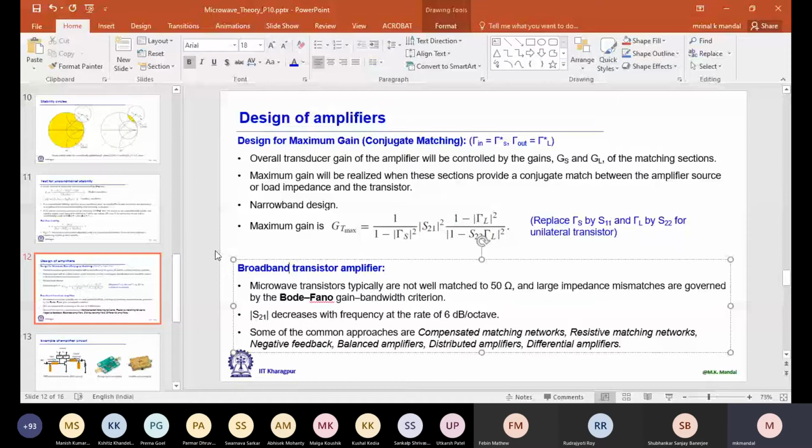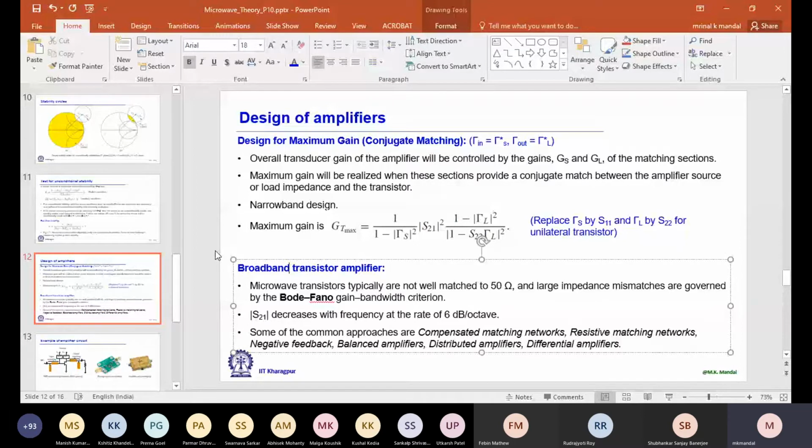Anyway, before that, at least you can calculate what can be the maximum range for the given device over which I can design my impedance matching network, and that is defined by the Bode-Fano gain bandwidth criteria. I did not include it here. Maybe next week let us spend some time, because this Bode-Fano criteria is important not just for amplifiers.